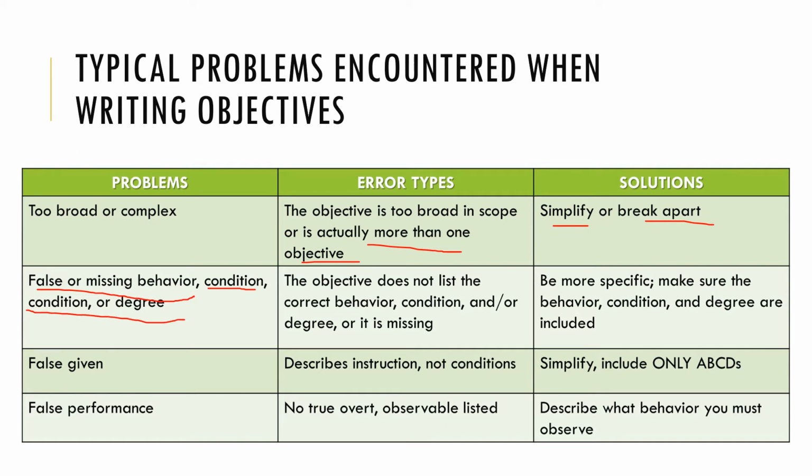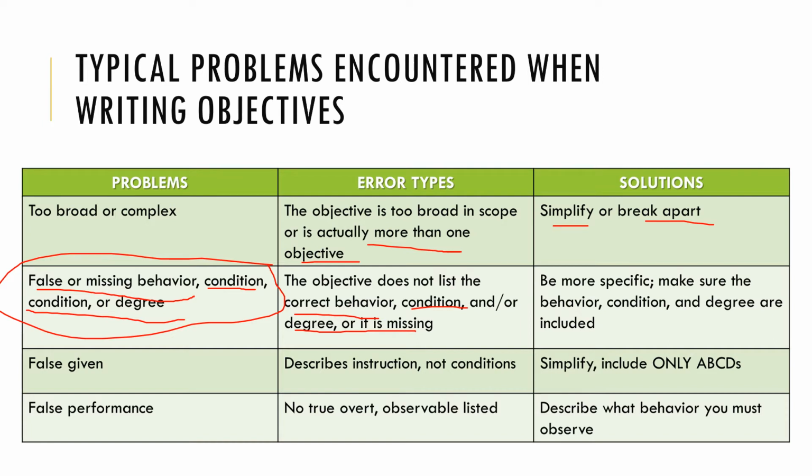Later on, meron tayong makikitang solution for this particular problem and then the pattern of how we do it. No? So the objective does not list the correct behavior, condition, and or degree, or it is missing. Okay. So for here, for the solution, we have to be more specific and make sure that the behavior, the condition, and then the degree are included in the statement.